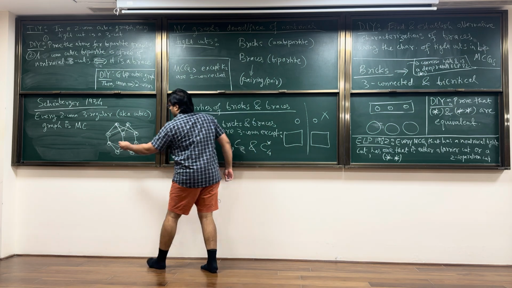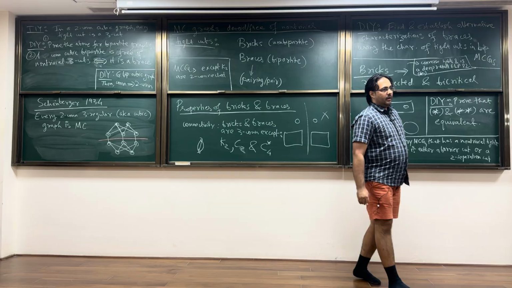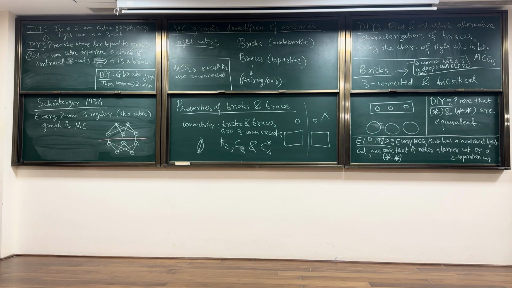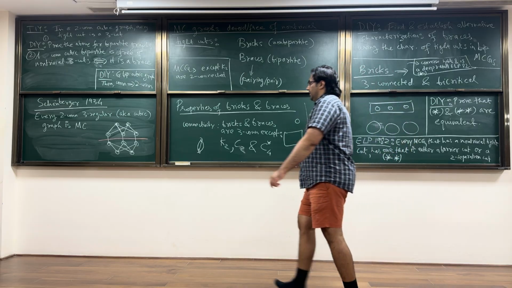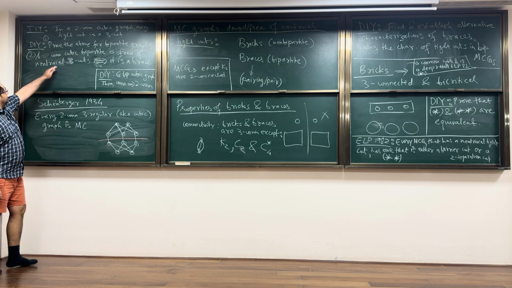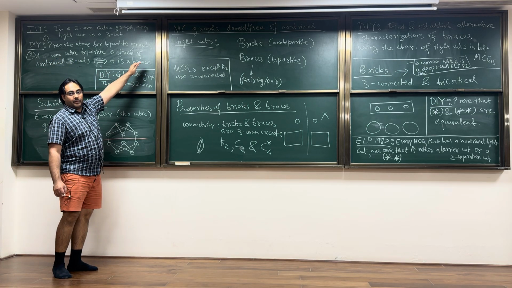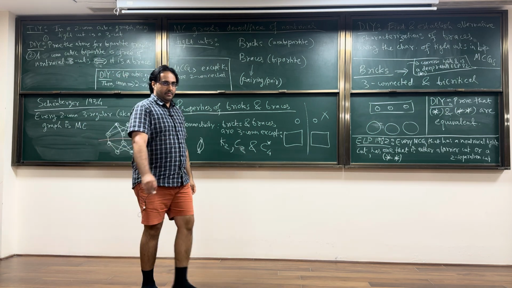And observe that this is a non-trivial 3 cut. And it is also, therefore, well, in this example you can check easily, it is also a tight cut. If you take all the 3 edges in a perfect matching, then you can't complete the perfect matching to a perfect matching. Right? So this is a non-trivial 3 cut, it's also a tight cut, and the statement is basically saying that if you don't have non-trivial 3 cuts, then you won't have non-trivial tight cuts also. Then these are equivalent to each other.